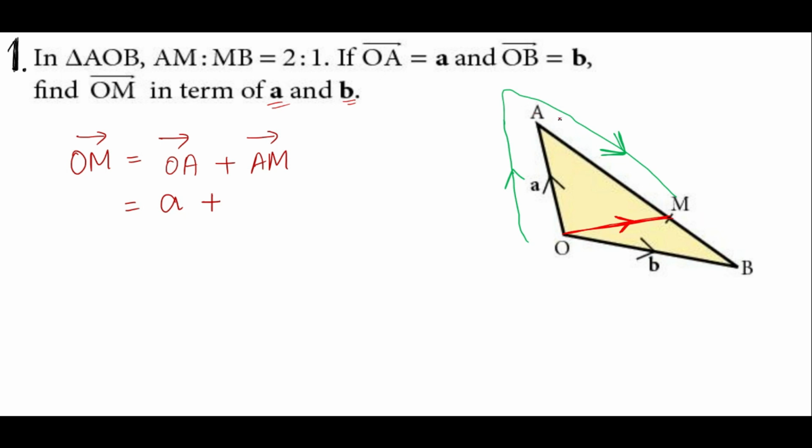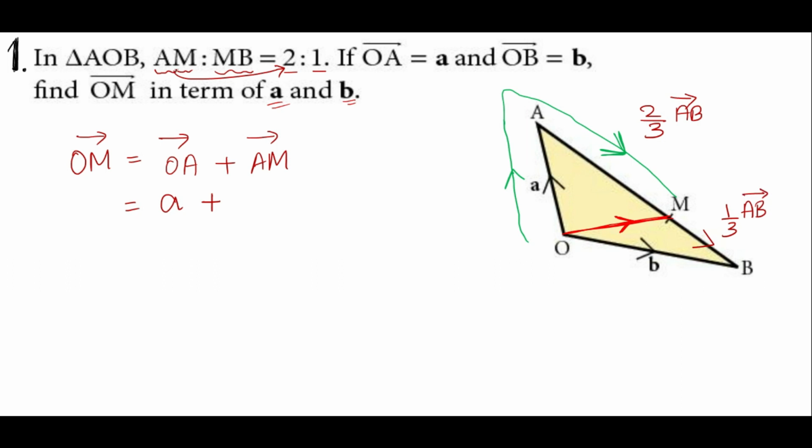Now how can you find AM? Vector AM is not given to me. I have a condition where it states AM is to MB. So AM is to MB is in the ratio 2:1. That means it's divided. And from this I can say that AM is 2/3 of vector AB, and MB is going to be 1/3 of vector AB.